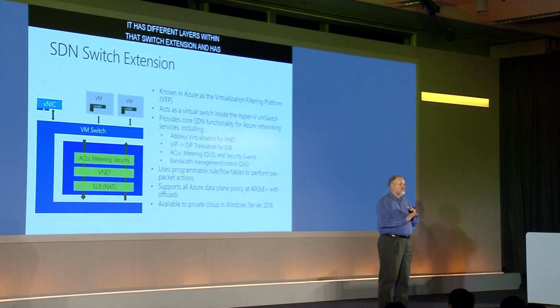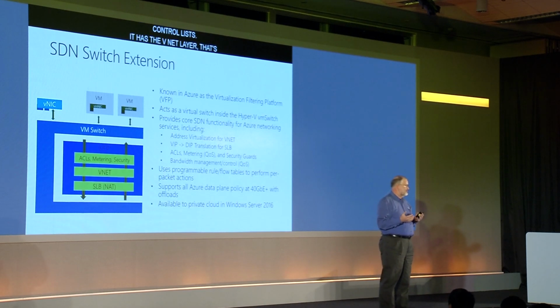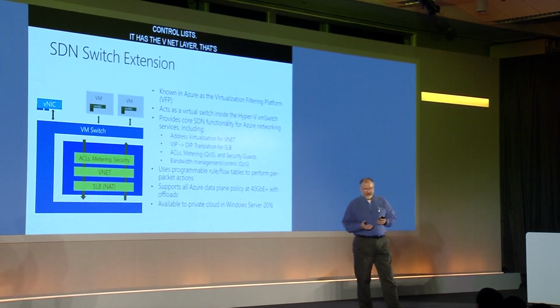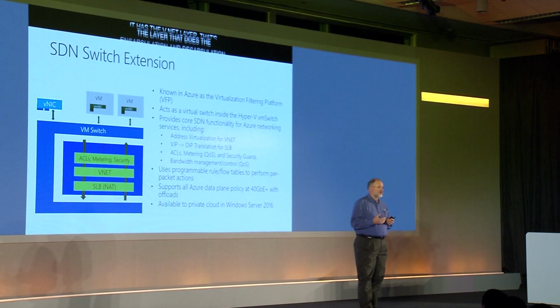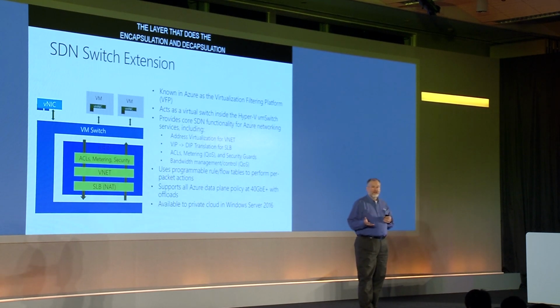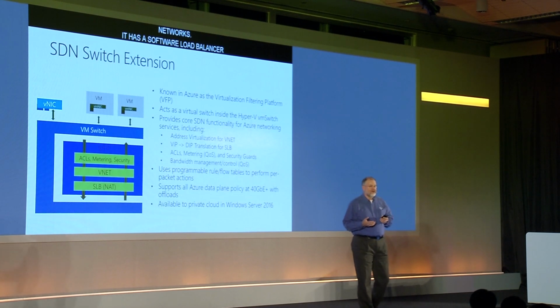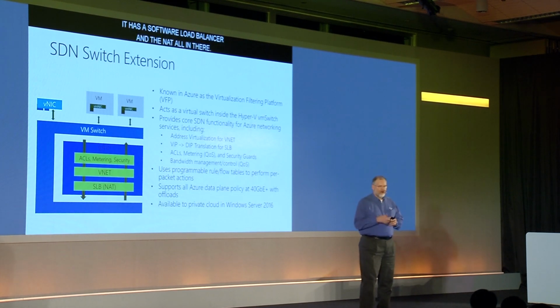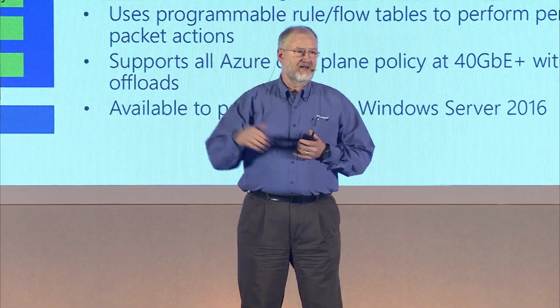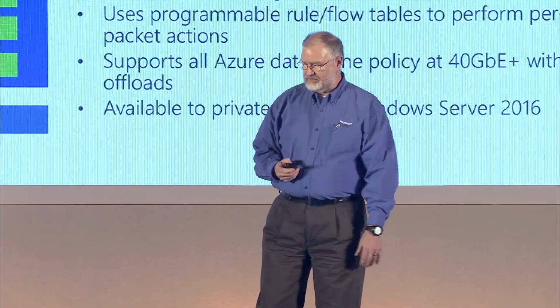It has the VNet layer. That's the layer that does the encapsulation and decapsulation of tenant traffic in software-defined networks. It has the software load balancer and the NAT all in there. And it has a layer for SDN QoS. It also has other policies, and all of these policies get programmed by the network controller.